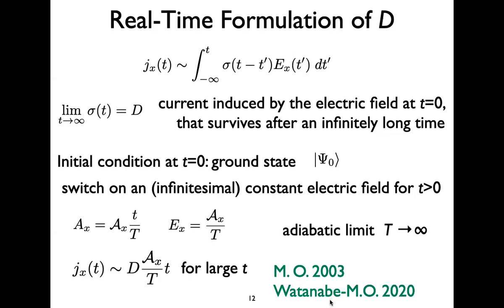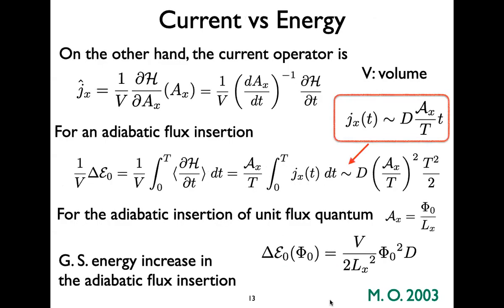So I can replace the current at time t by this Drude weight times this vector potential for large t. And this can be useful because of the following observation.